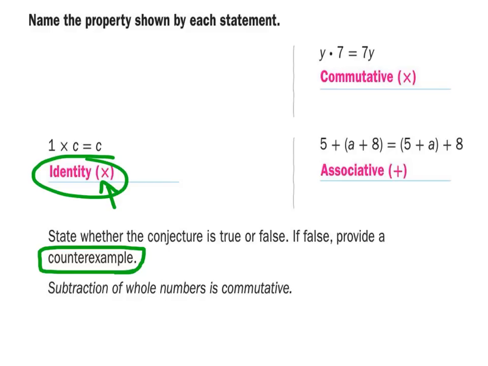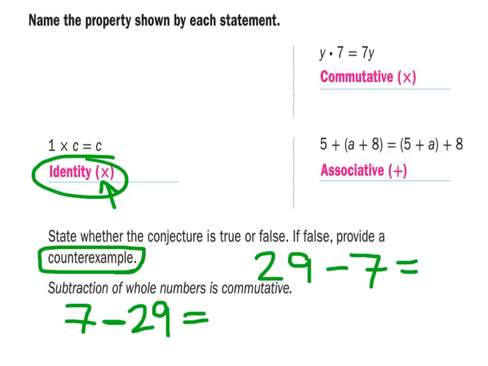This one says subtraction of whole numbers is commutative. These are whole numbers. Hopefully you remember the classifications. Someone give me a whole number. 29. And 7. Since it should be commutative, we're going to commute 29 to the front and see what this equals.